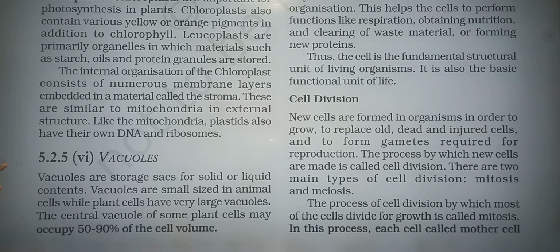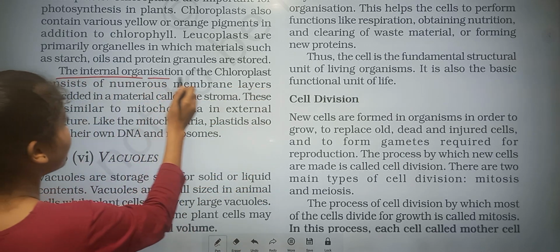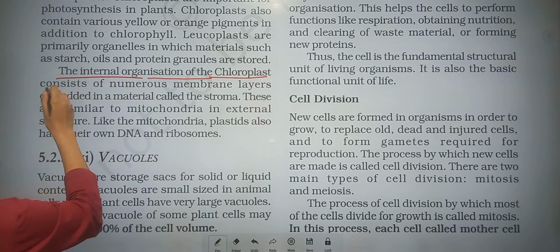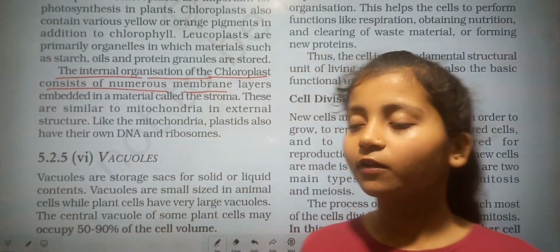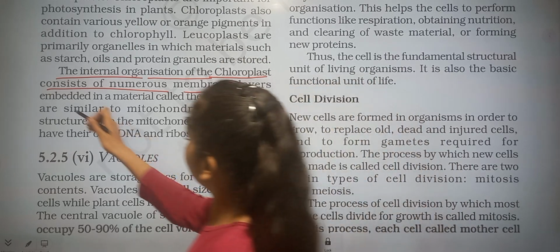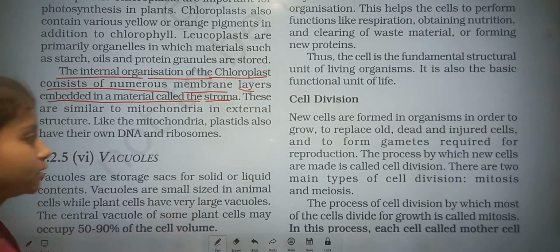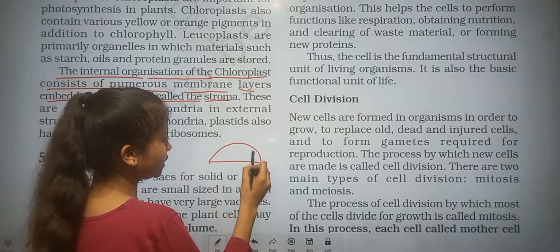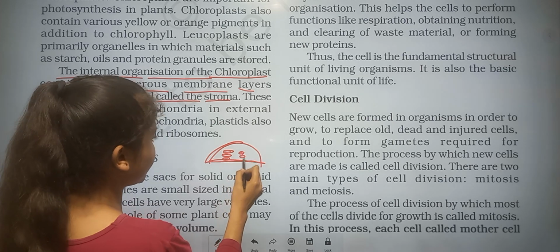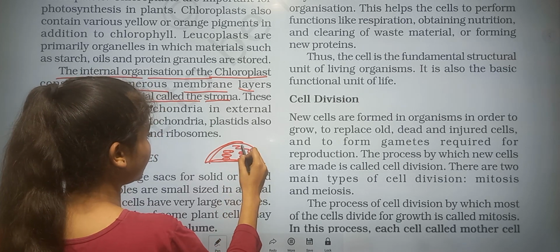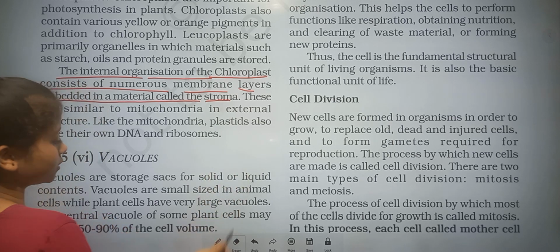And now the internal organization of the chloroplast consists of numerous membranes. Internally, chloroplasts have numerous membrane layers embedded in a material called stroma. Suppose this is a chloroplast, and many membrane-like structures are present in the stroma.